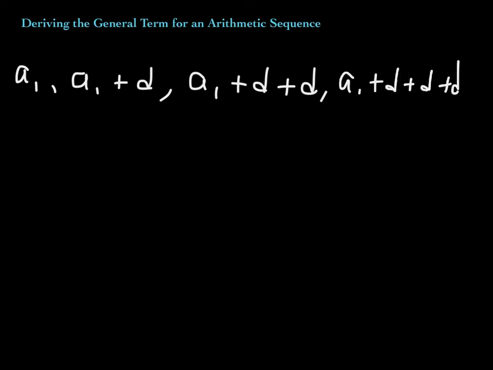So the first term is a sub 1. The second term right here is a sub 1 plus d. The third term, now please notice the pattern, is a sub 1 plus 2d.